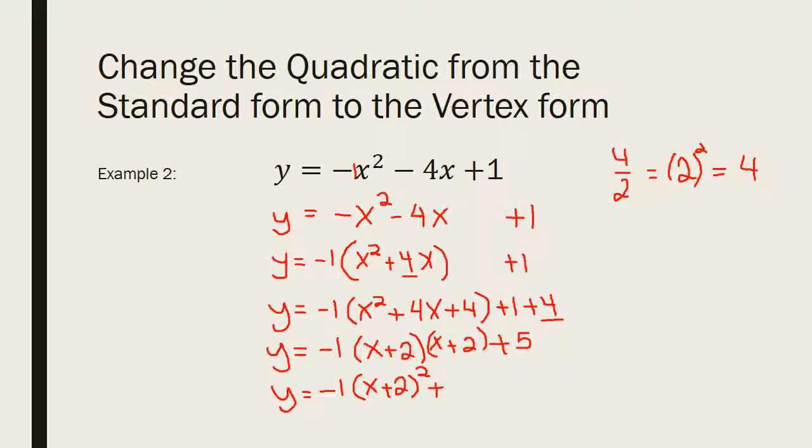Now I have the vertex form for this equation, which is negative 1 times x plus 2 squared plus 5. The vertex for this parabola is going to be the opposite of the number inside with the x, which is negative 2, and then the exact number outside of the parentheses, which is 5.